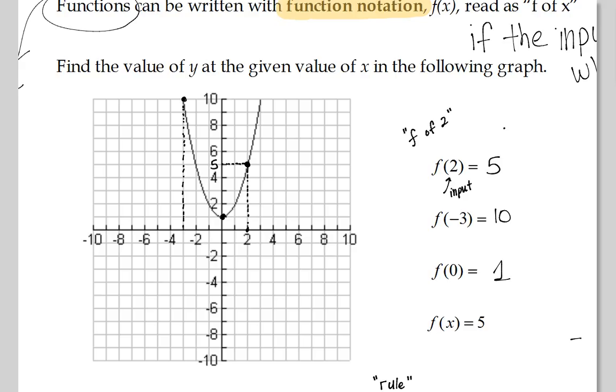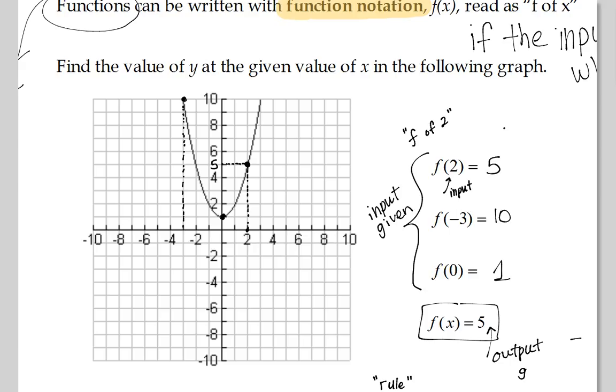Now, these three were all very similar because the input was given. What's different about the last one? Good. The output is given. So for the last one, you have to find a y value of 5.